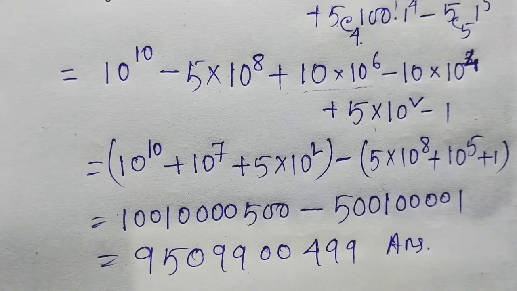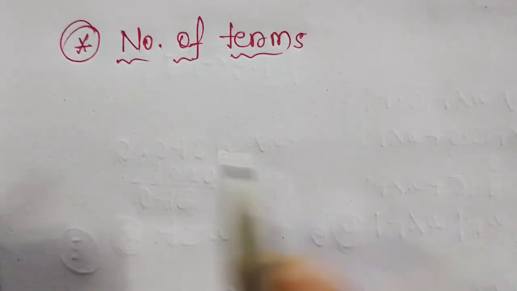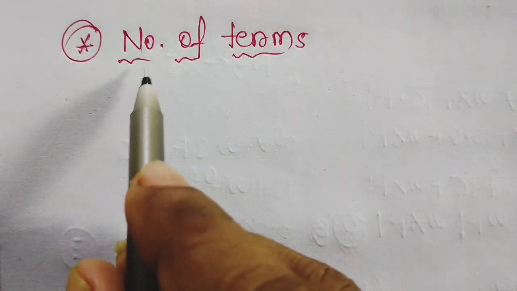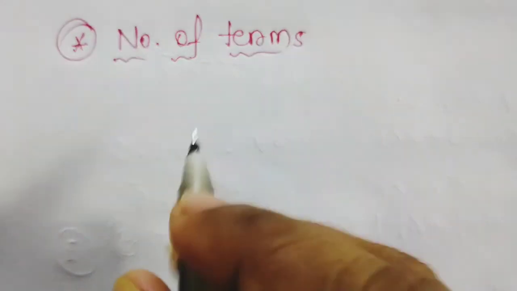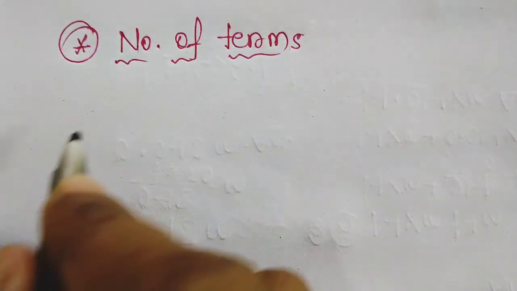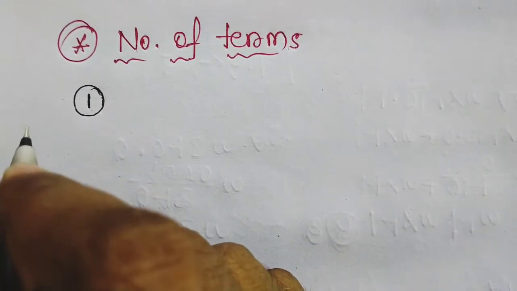Now you can solve all the expanded forms. Next, we have to learn how to find the number of terms of a binomial theorem. There are two formulas to find the number of terms.